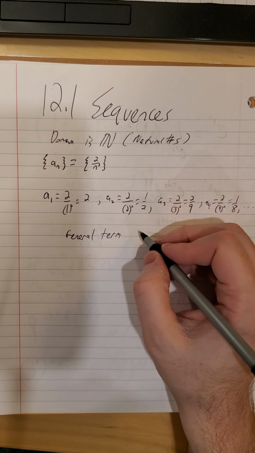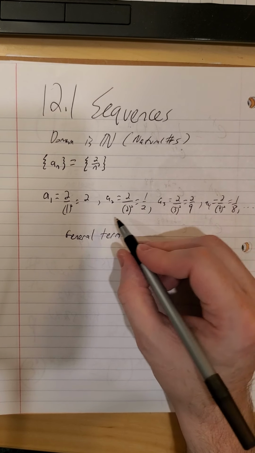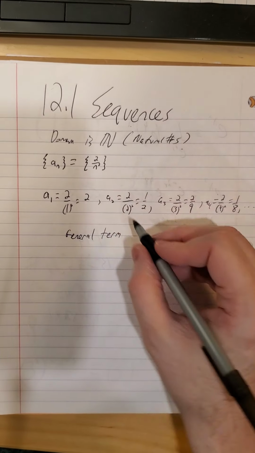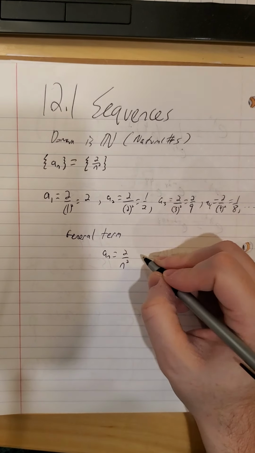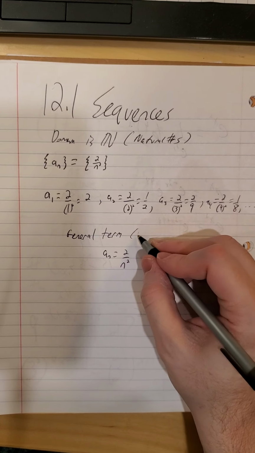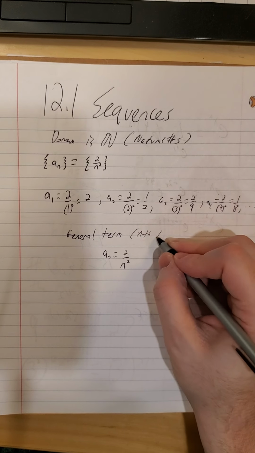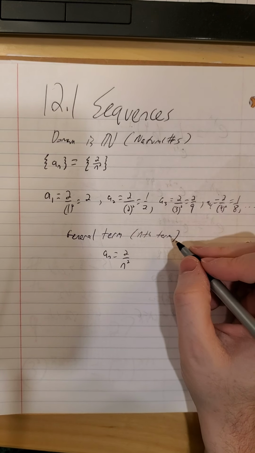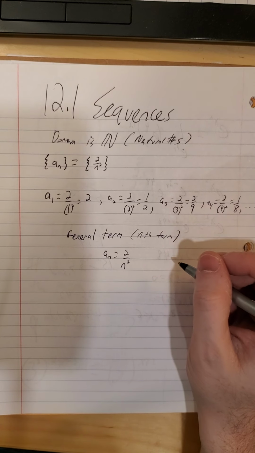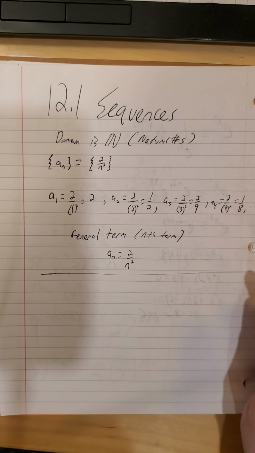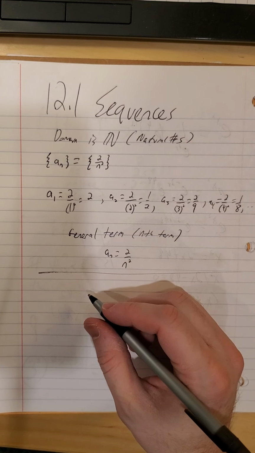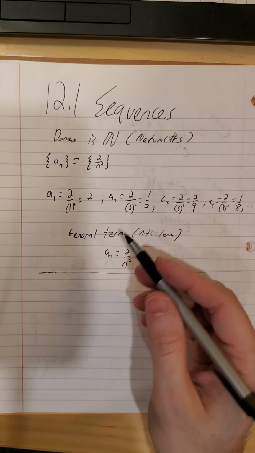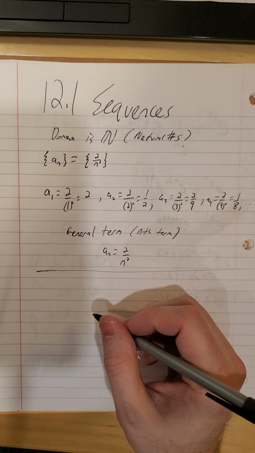What we call the general term is just saying, okay, how are each of these constructed? That would be a sub n is 2 over n squared. So just the general term, sometimes called the nth term. So sometimes they may give us the start of a sequence and ask us to write up what the general term would look like.